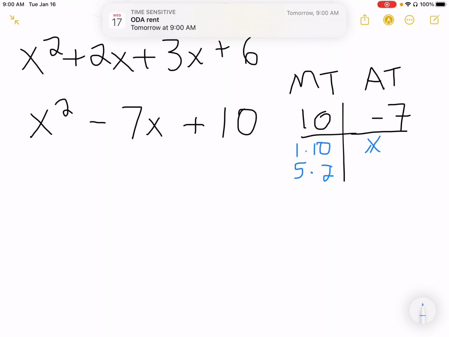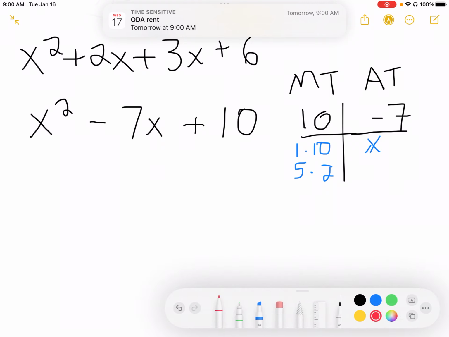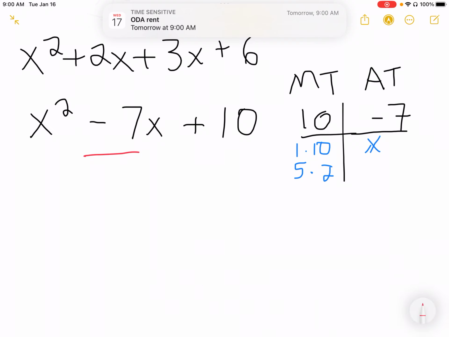Well, let's think about that. If I have a negative here, I have to have at least one negative there. But if I have a negative for both of these, that's going to give me my positive. Since this last term is positive, I know that both of my terms have to be negative.